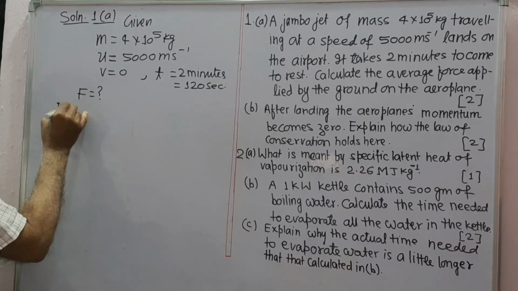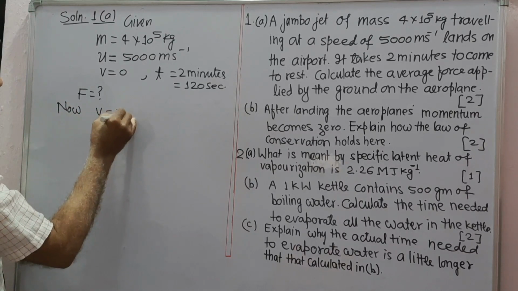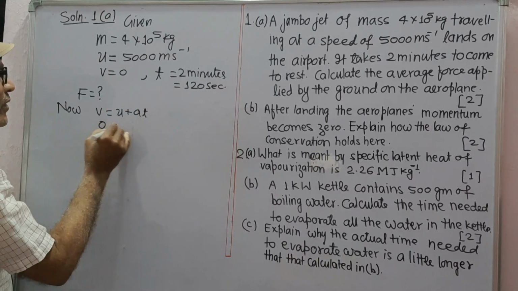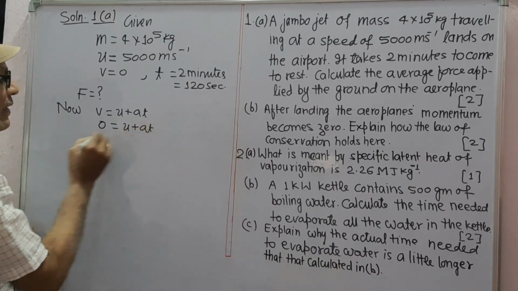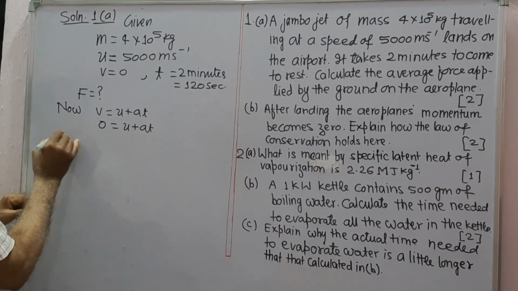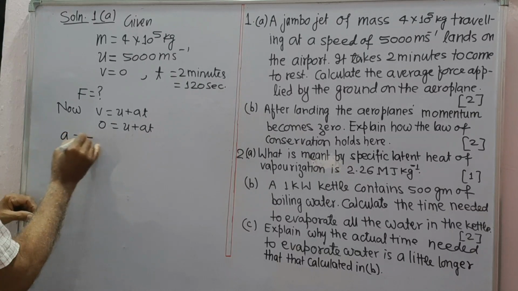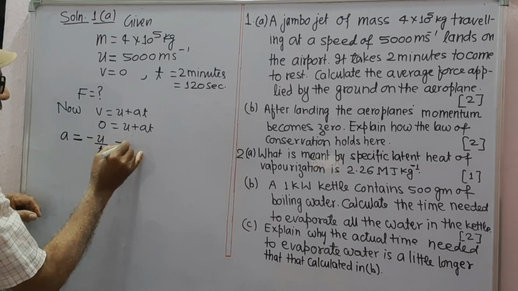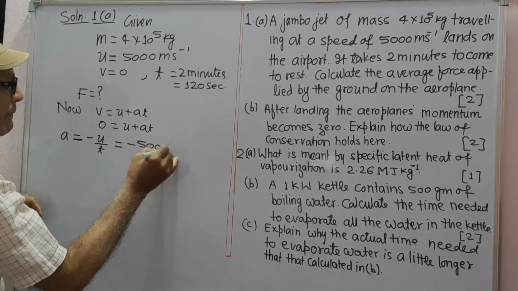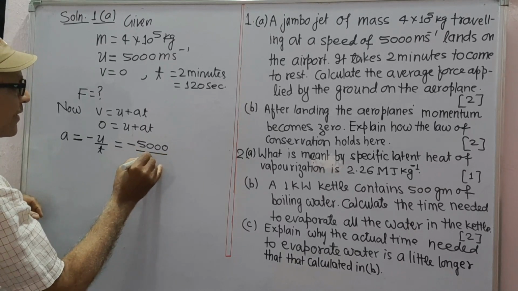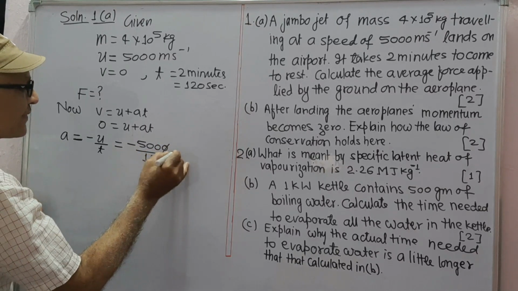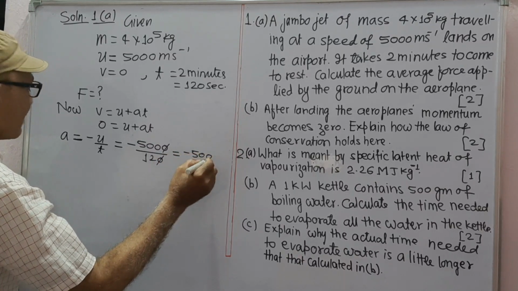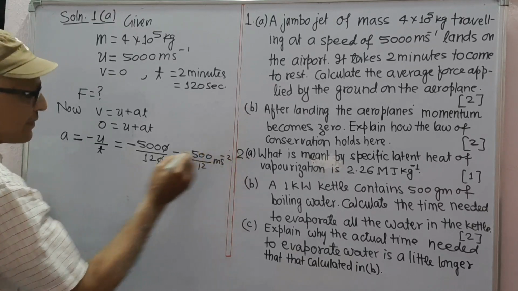Now V is equal to U plus AT gives 0 is equal to U plus AT. Therefore, A will be equal to minus U upon T, minus 5000 upon T is 120, that is minus 500 upon 12 meter per second square.